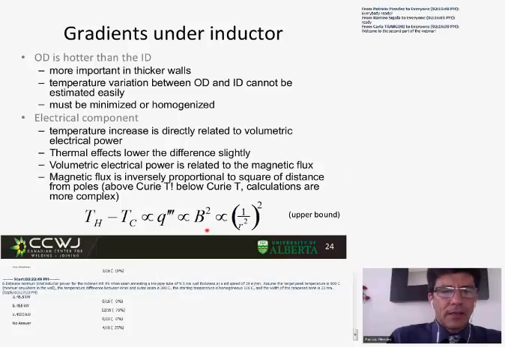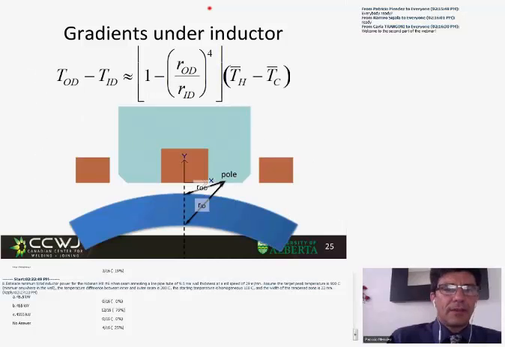Volumetric heating depends on the magnetic field squared, and the magnetic field itself depends on the square of the distance to the pole, and this is an upper bound. Again, these are approximations, and this approximation is valid when we have an electrical reference depth bigger than the wall thickness.